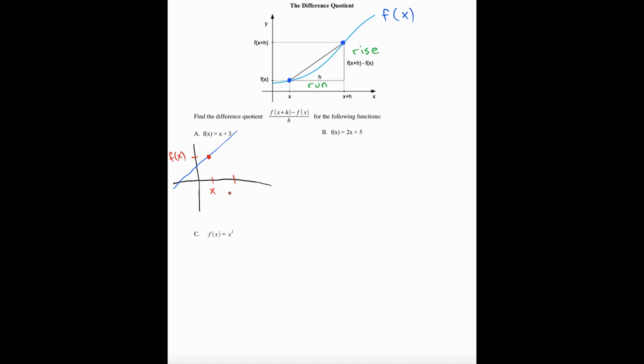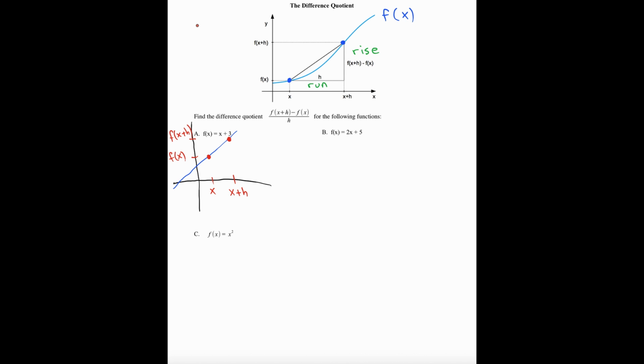Now we're going to go some arbitrary distance away from x, which will be h. And we want to trace that up so that we get a point on the function itself. And let's just trace that over here. And now here we have f of x plus h.